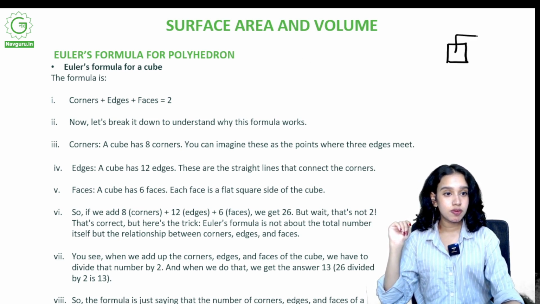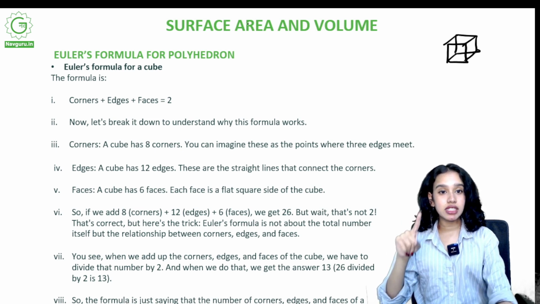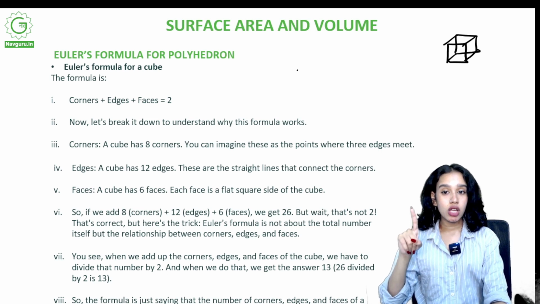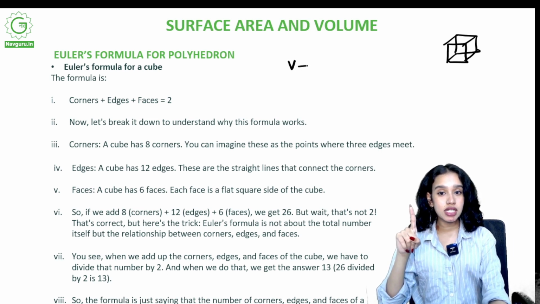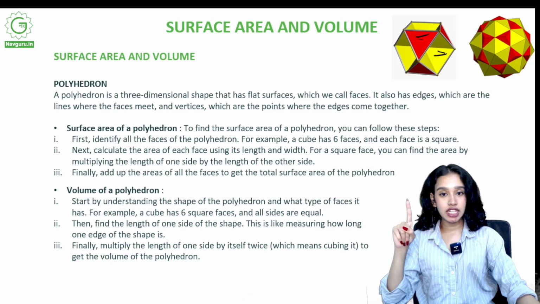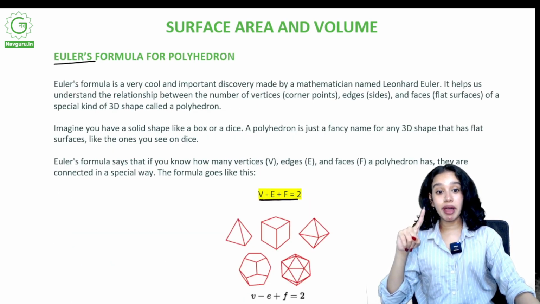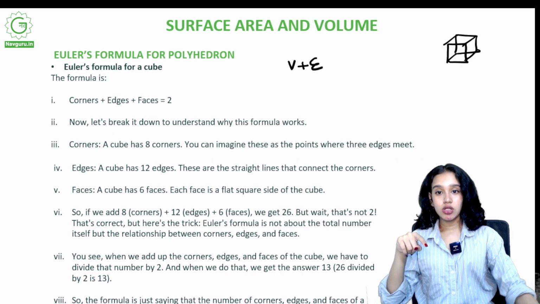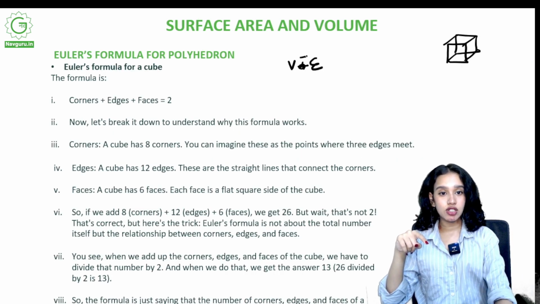Euler's formula is vertices minus edges plus faces is equal to 2, right?